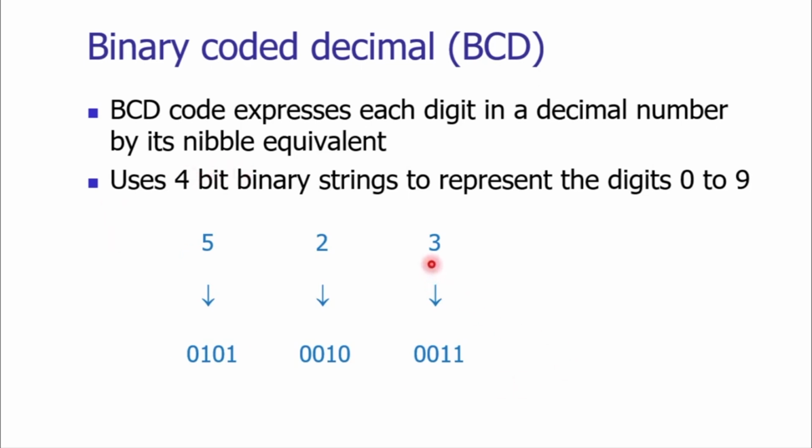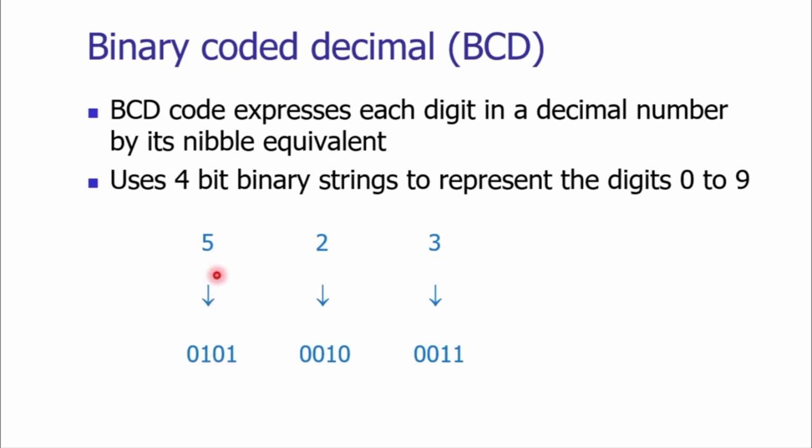So the first digit, that is 3, will be represented in its binary format. So the binary representation of 3 is 0011. 2 is having the binary representation 0010, and 5 is having the binary representation as 0101.